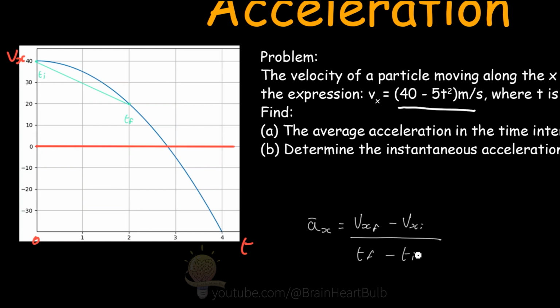But in order to find the final and initial velocities, we're going to need to use this expression here and insert the specified times into this equation. So let's do that first.